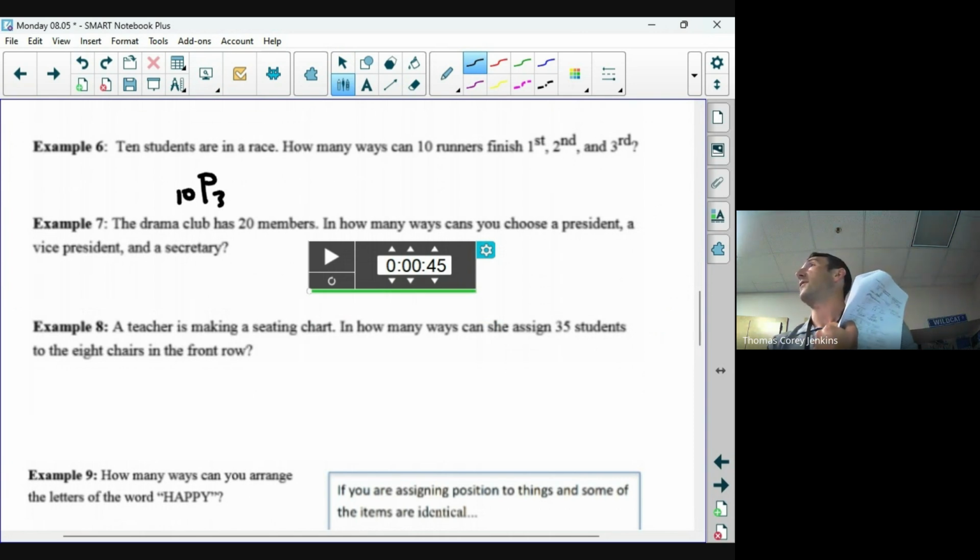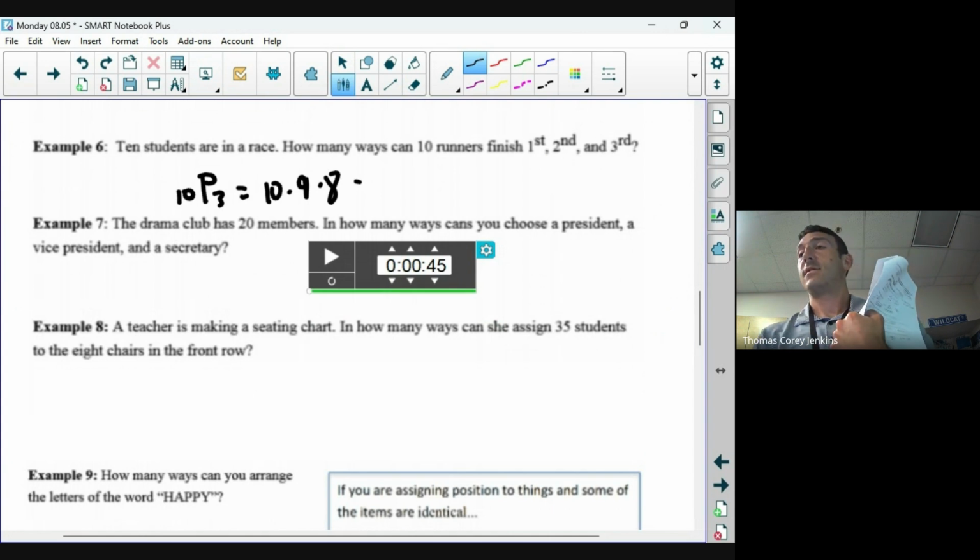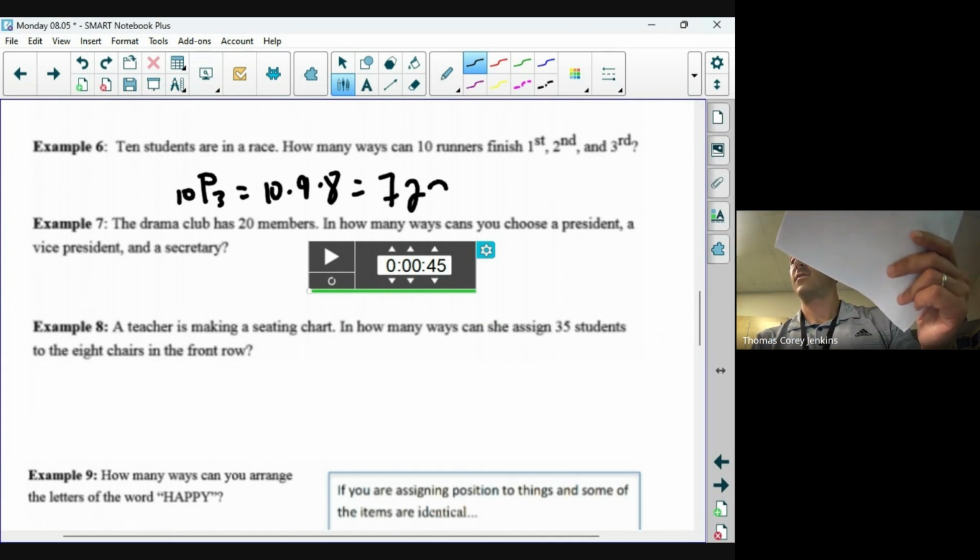So you could type it in that way. If you don't have a graphing calculator, you're going to type 10 times 9 times 8, and that would be 720.